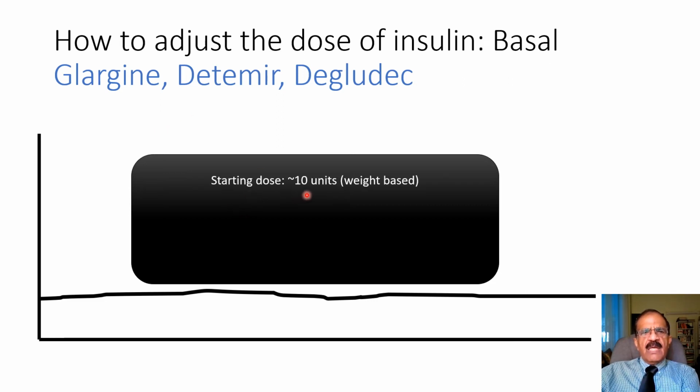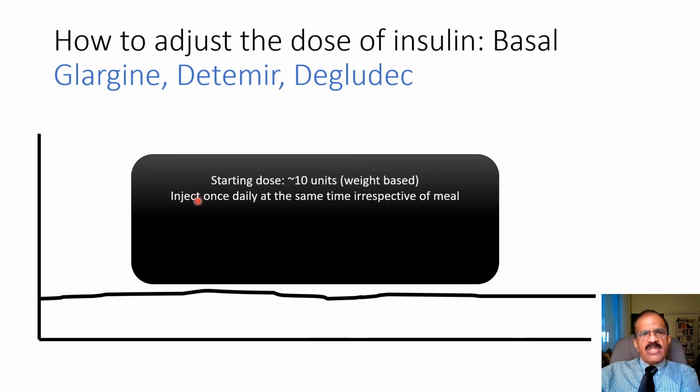Starting dose is approximately 10 units. It is weight based. You could start with as small a dose as 10 units. You could start with a higher dose. I have many times started with 25 units, 30 units, depending upon the patient's fasting and postprandial sugar or patient's A1C. Then inject once daily at the same time, irrespective of the meal.